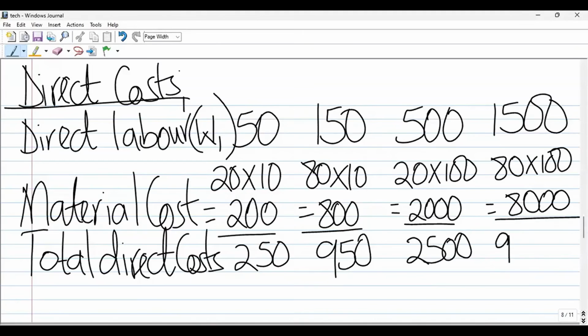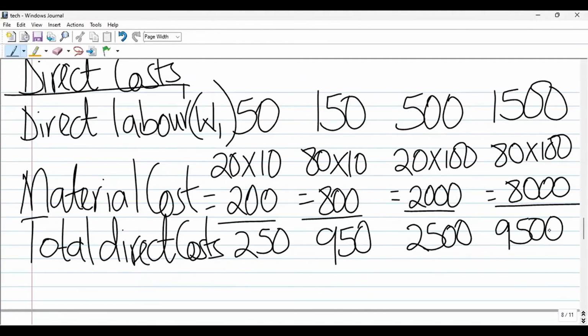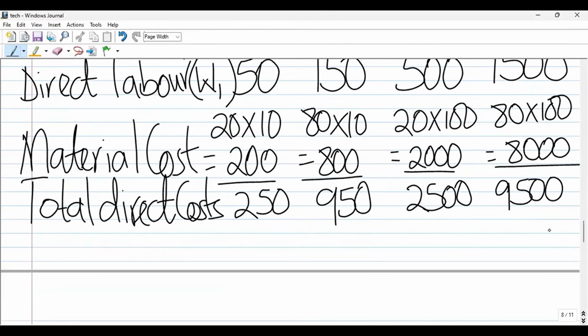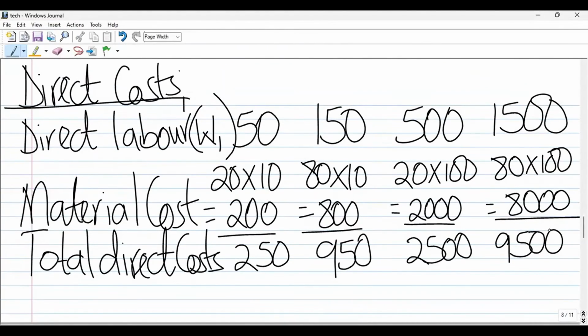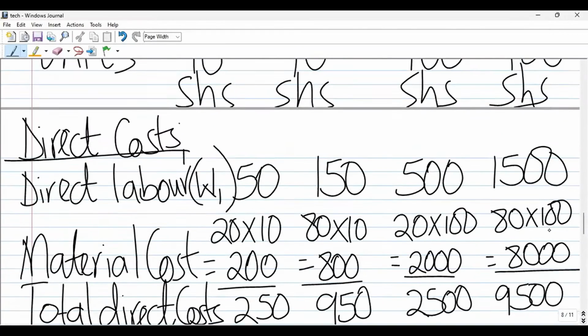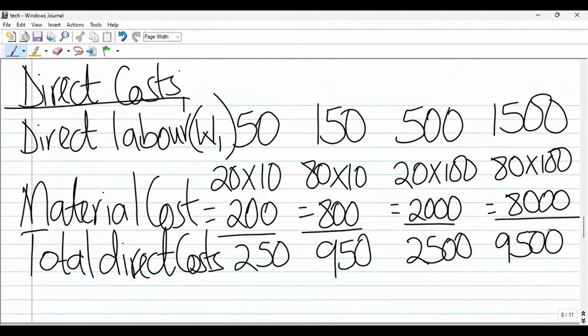Here we have 9,500. So finished to show the direct cost. Like I told you, another name for direct cost is variable cost. So you can say direct cost or you can say variable cost. You mean the same thing. Anyone with a question before we proceed to the next thing?